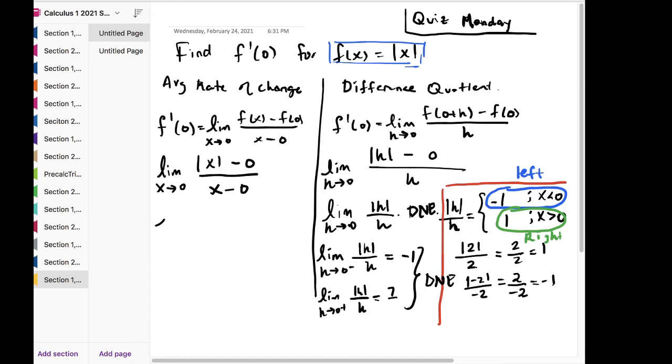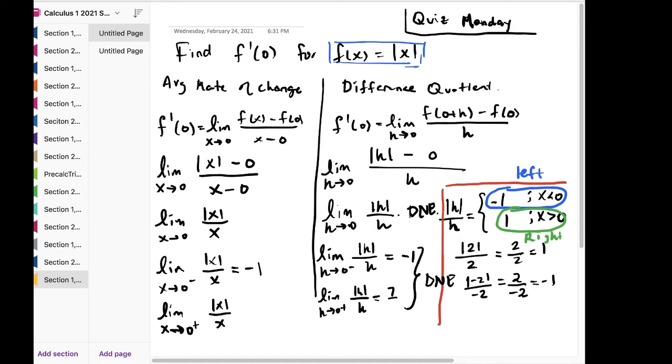So we have absolute value of x over x. And then similarly, as you go from the left, it's -1. And as you go from the right, it's 1. So it does not exist.